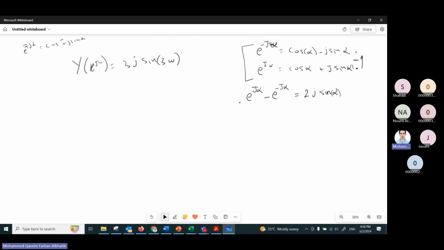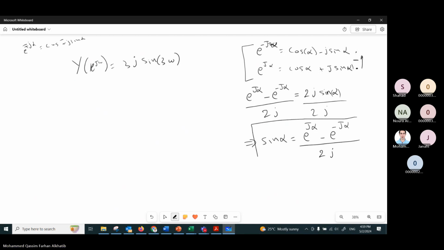So let me divide both sides by 2j. I will get sine alpha equals e to the power j alpha minus e to the power minus j alpha over 2j.